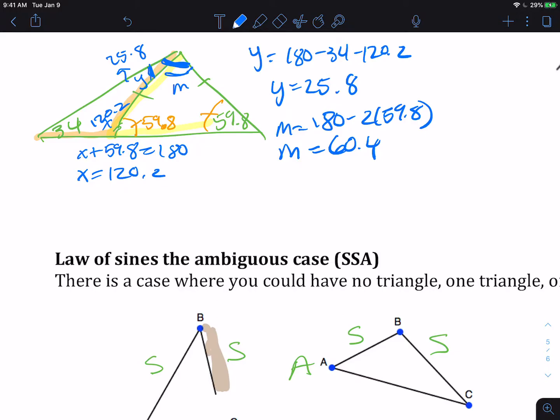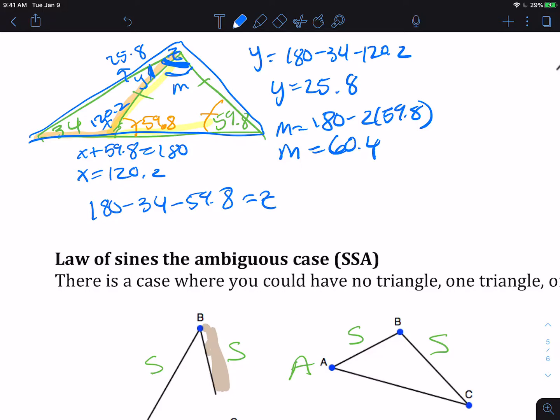I could also get the y and the m together using this full big triangle. So we could do 180 minus the 34 minus the 59.8, and that would give us the measurement of the y plus the m. Let's call it z. So then we do 180 minus 34 minus the 59.8, which gives us the z, which is 86.2.